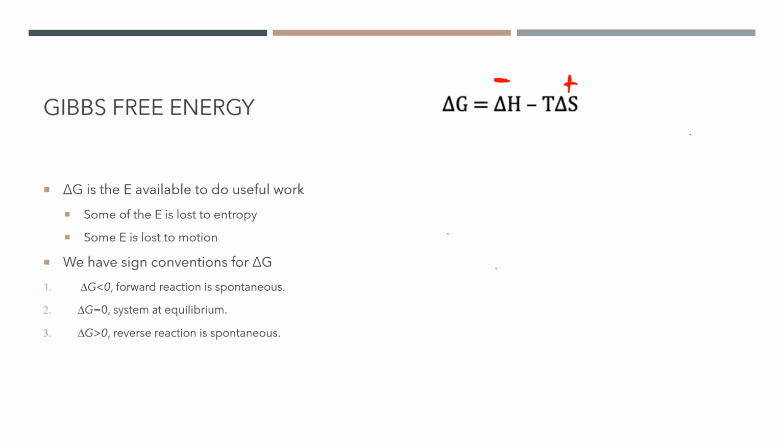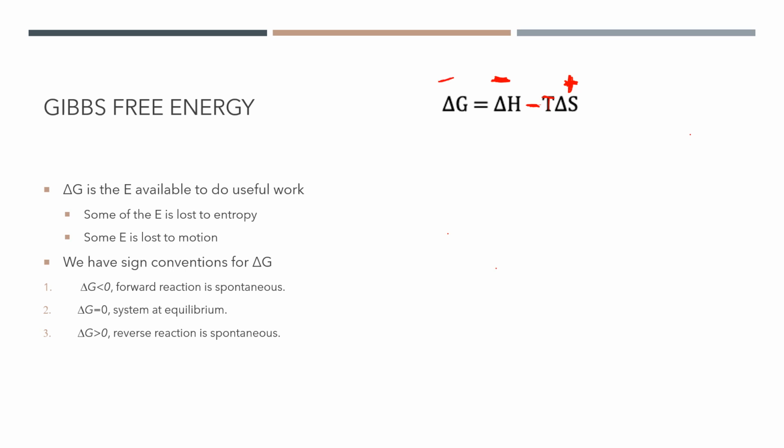So going back to this, let's say our delta H was negative and our delta S was positive. So negative minus, notice there's a minus, we take positive times that right there. So this could potentially be spontaneous if, actually no, sorry, this is always going to be spontaneous because a negative minus that positive right there, you're always going to get a negative.